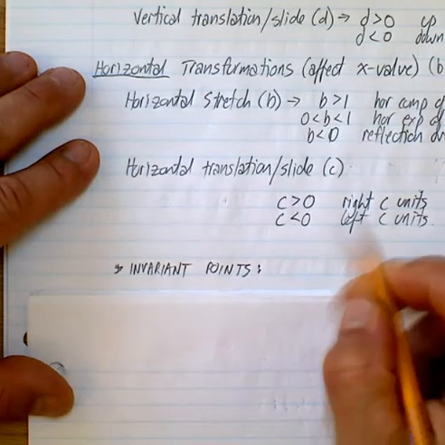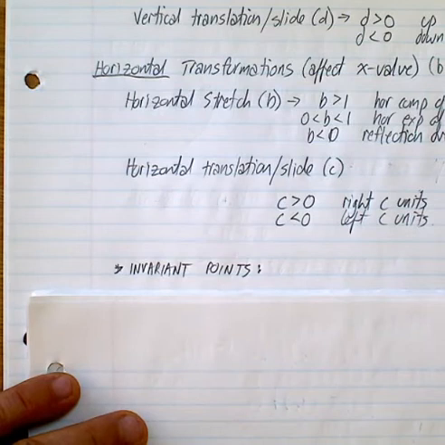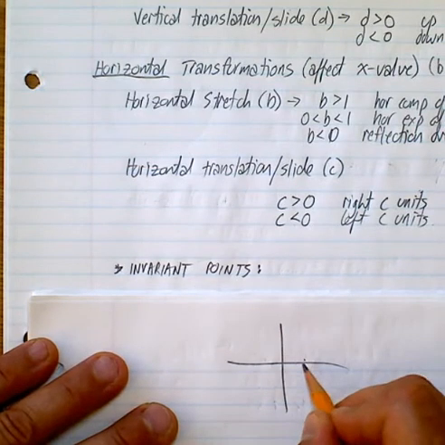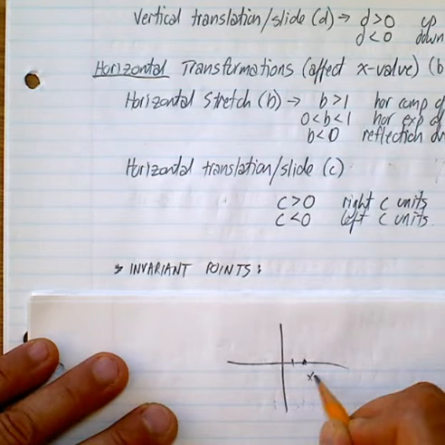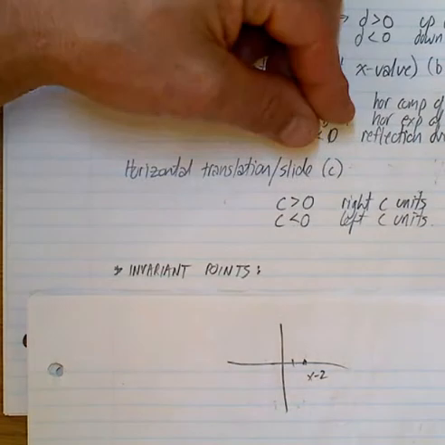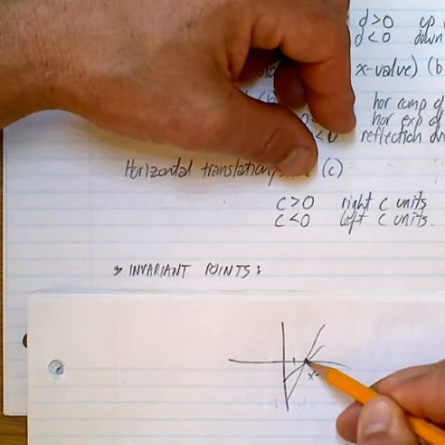These are points that don't change when you transform them. Mainly they occur on the axes, because if you have a value on the x-axis, say at x equals 2, and you expand it vertically, it's not going to move. If this is your original function, it's just going to get steeper, but it's still going to go through there.